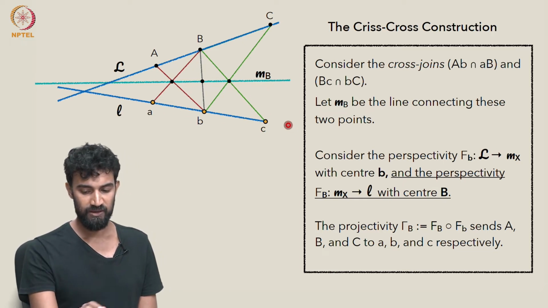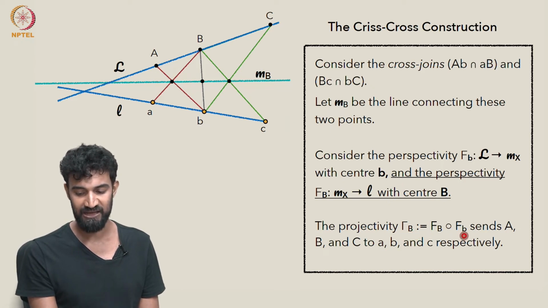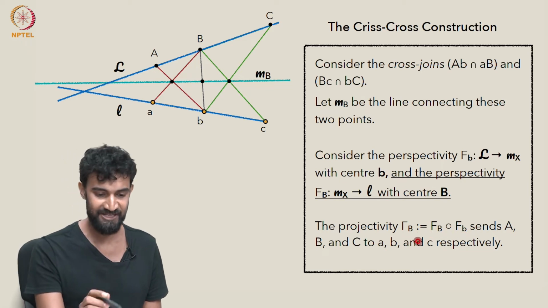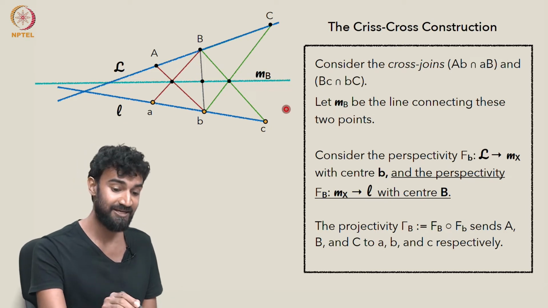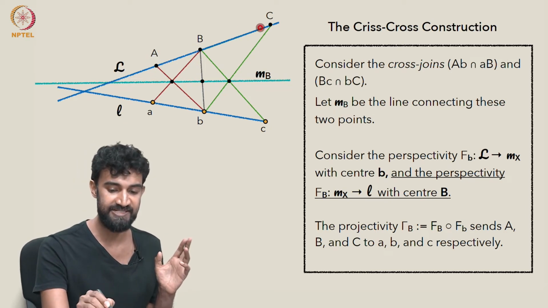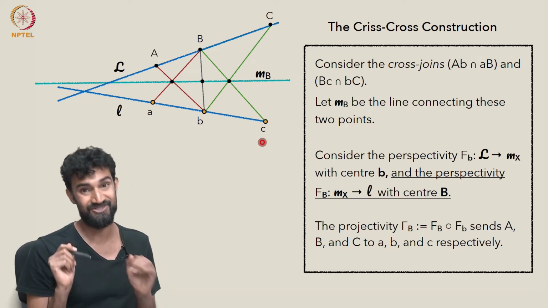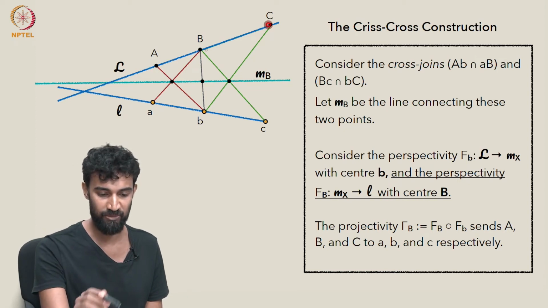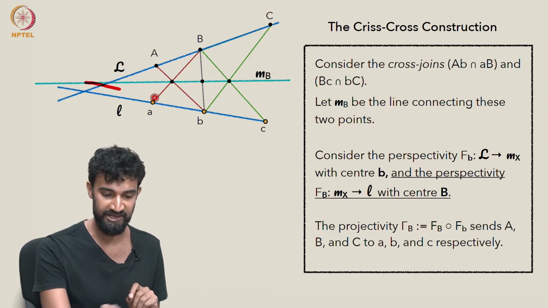So the projectivity gamma b, which I'm defining to be f little b followed by f capital B, we've just seen in action, and it sent A, B, and C to little a, little b, and little c. So this is our construction. This is another projectivity which takes these three arbitrary points to these three arbitrary points, but it did rely on these lines being coplanar.